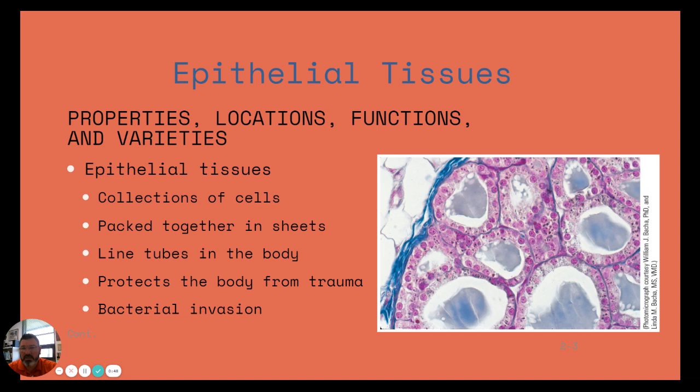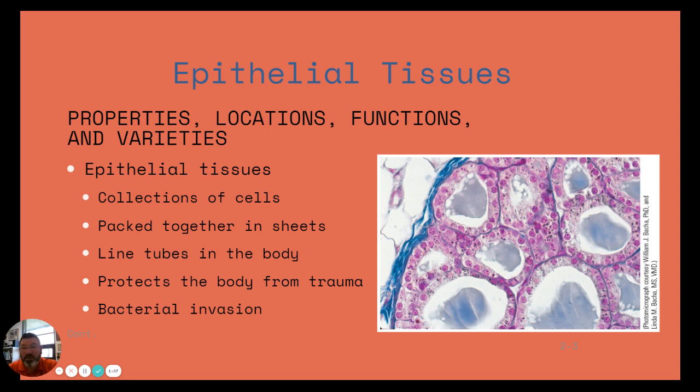And we know this clearly when you talk about skin cells, because if you scratch your skin or have a cut, you can see the layers of skin as they peel open, especially during healing time. But epithelials also line different tubes in the body.